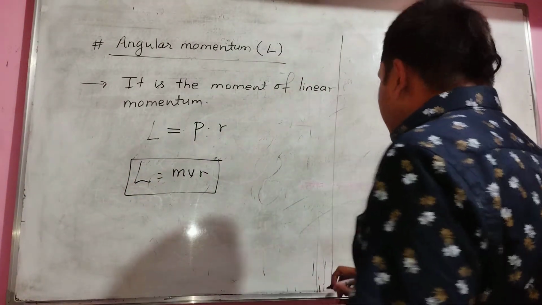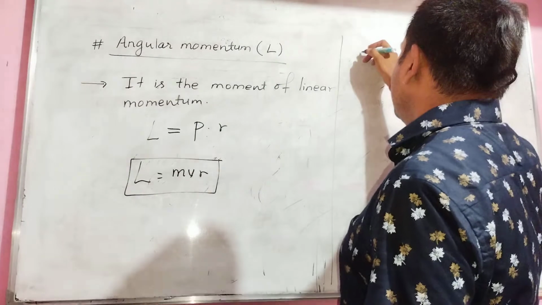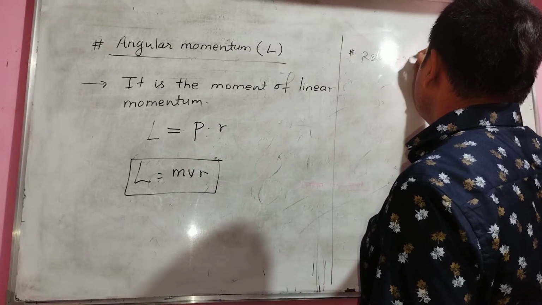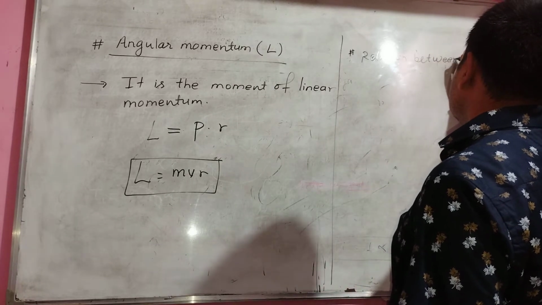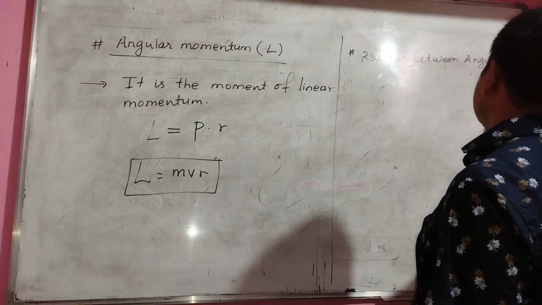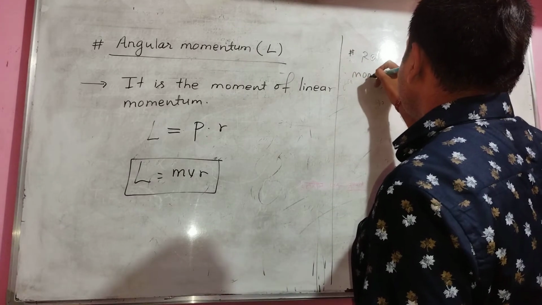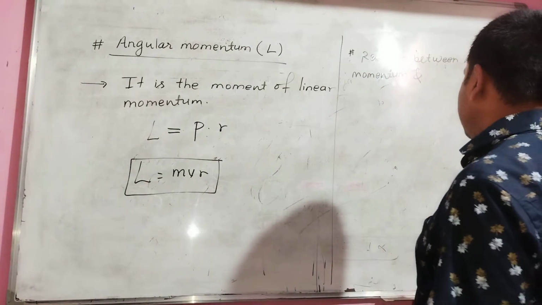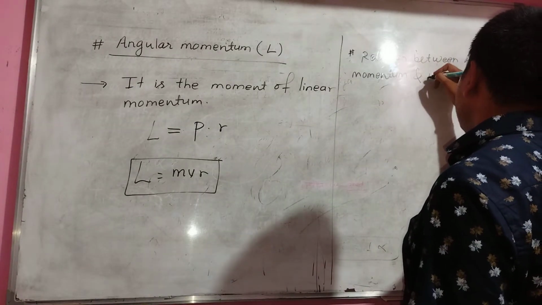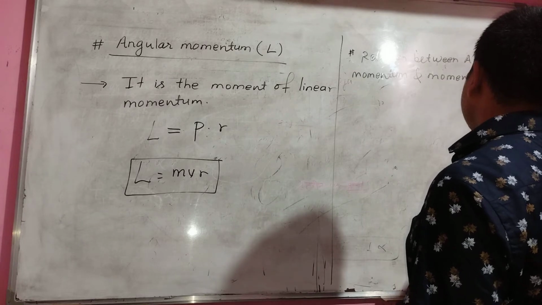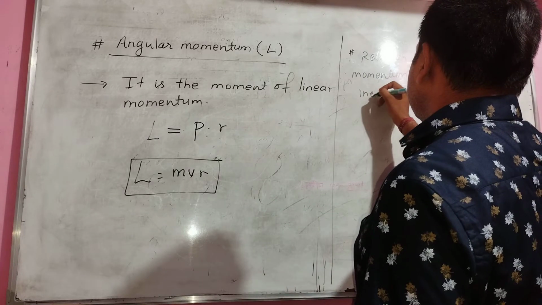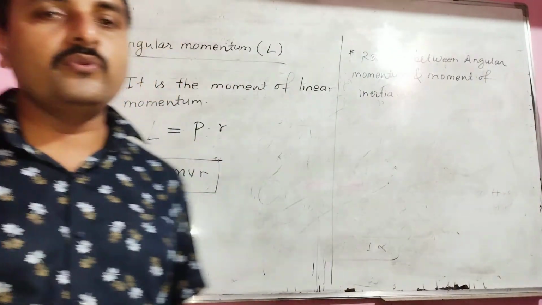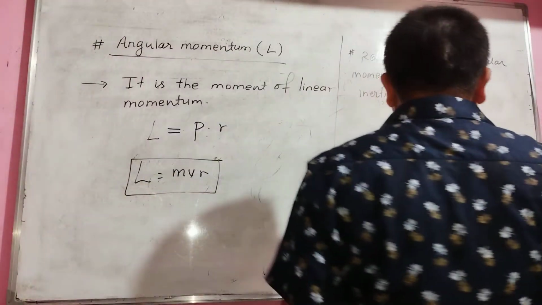So I would like to establish the relation between this angular momentum and moment of inertia, by the same process that I have done before in the case of torque.